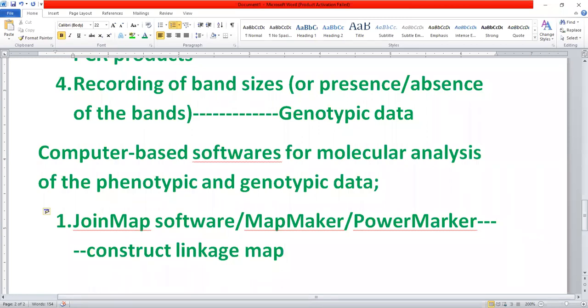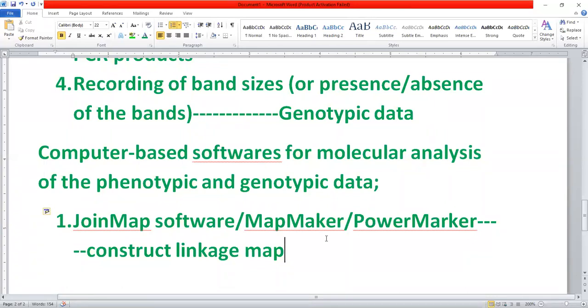We can construct the linkage map, and this linkage map will show which marker is located on a specific linkage group or on a specific chromosome, on a specific wheat chromosome. So the data of the 250 polymorphic SSR markers is used to construct the linkage map, and this map will show which particular group of SSR markers are located together on a specific chromosome.